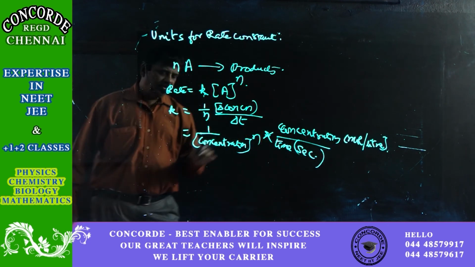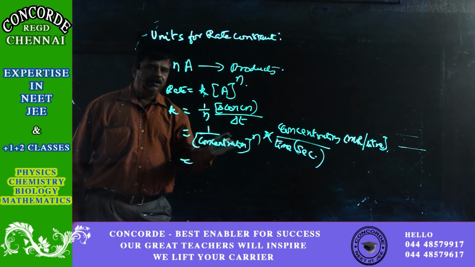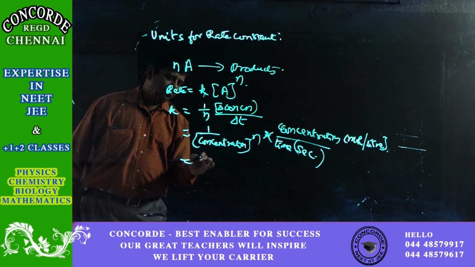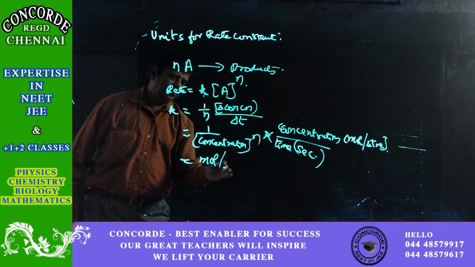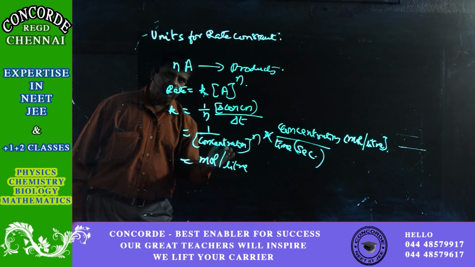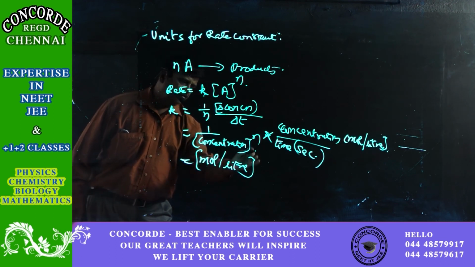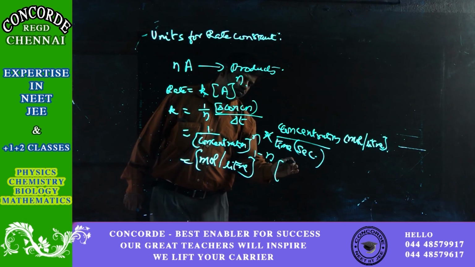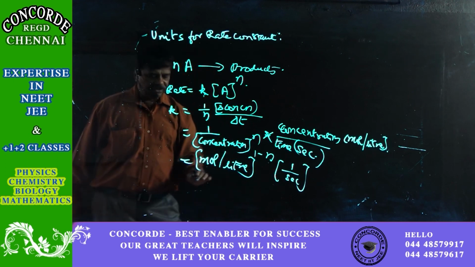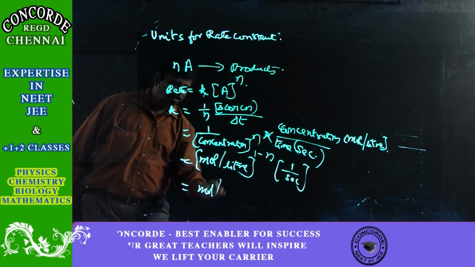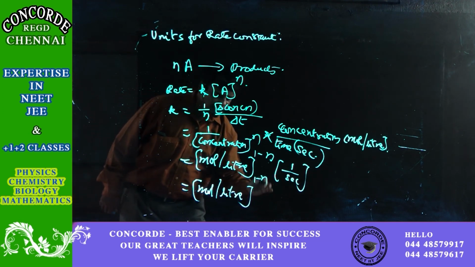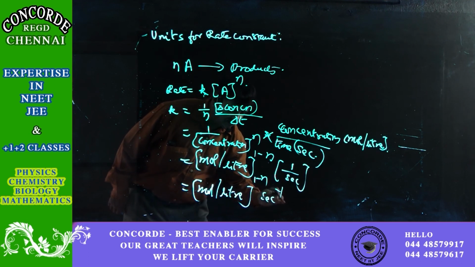So what happens? The denominator and the numerator, concentration to the power 1 over concentration to the power n, gives mole per liter to the power 1 minus n, into 1 by second, or mole per liter to the power 1 minus n into second inverse.